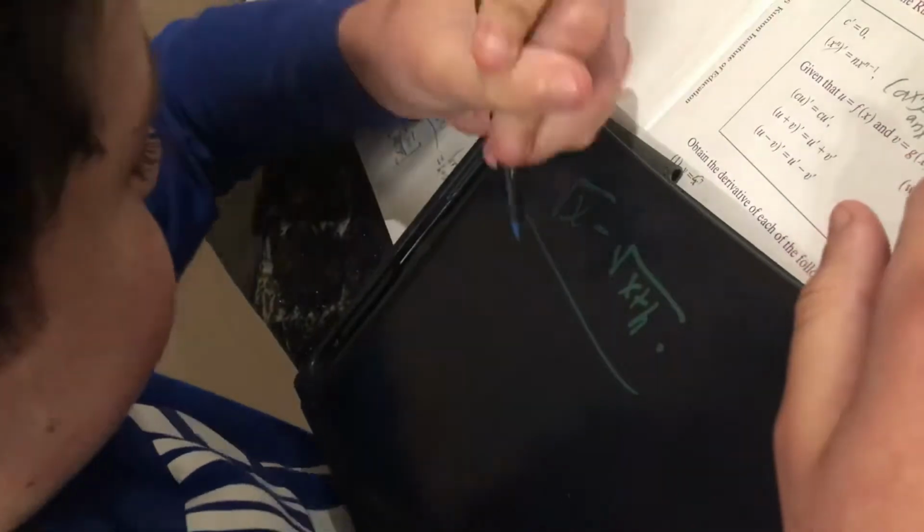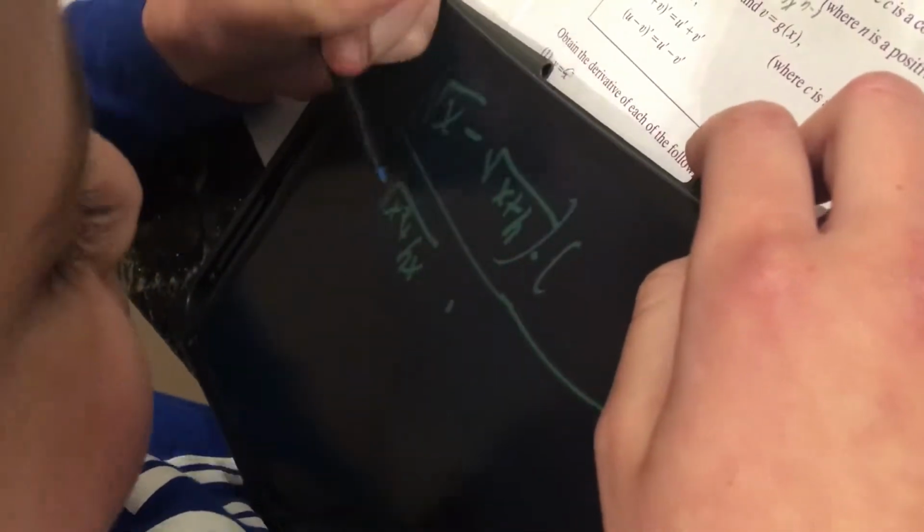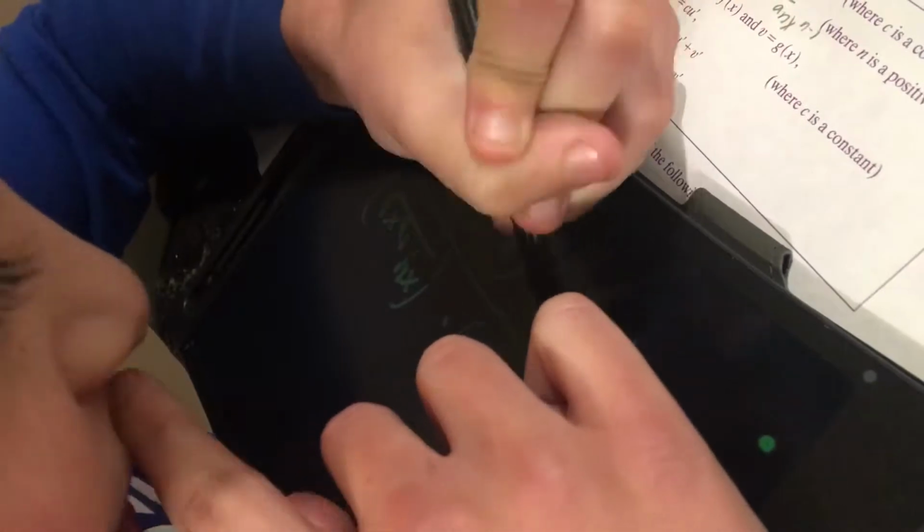Now, to do this, we're gonna multiply both the numerator and denominator by a certain value. What value? We're gonna make it these two difference of squares. This means that we're gonna take out these.